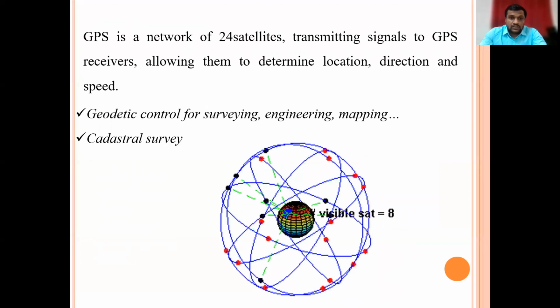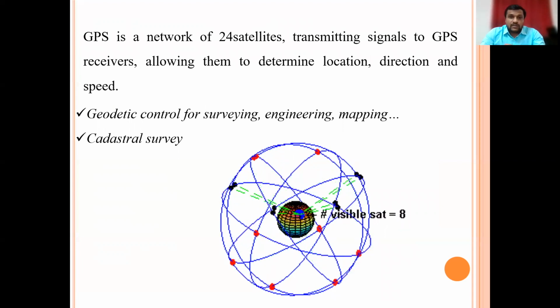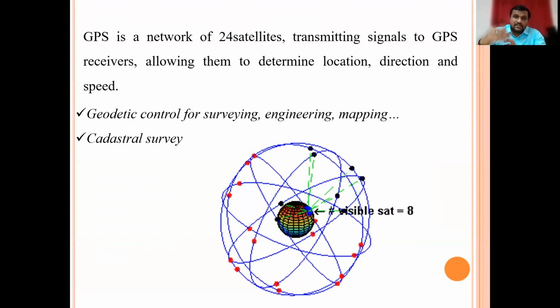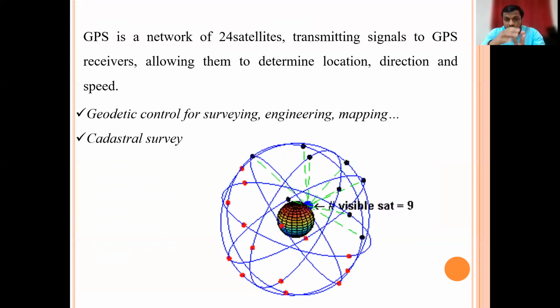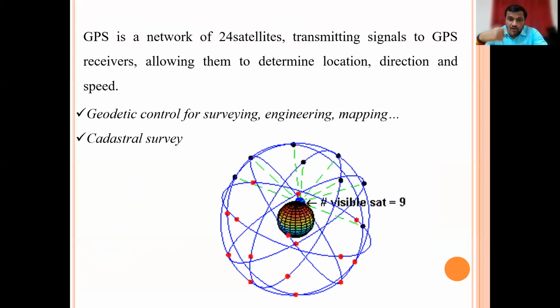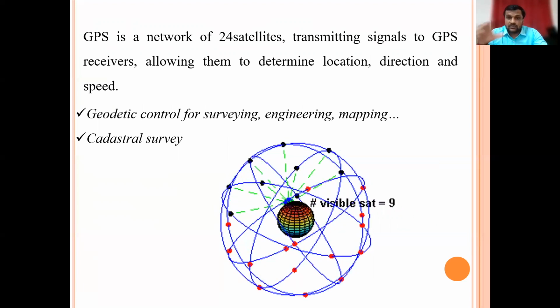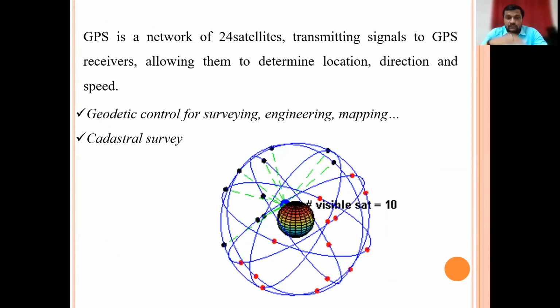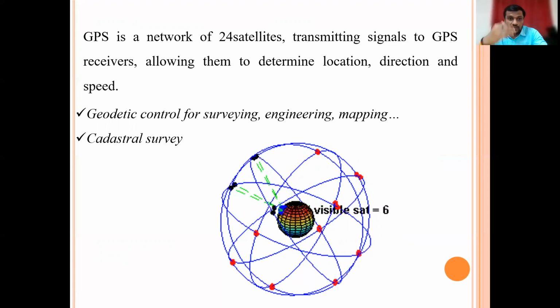GPS is a constellation, or network, of 24 satellites. These 24 satellites transmit signals to the GPS receiver on the ground, and they are well distributed in 6 orbital planes, and each orbit has 4 satellites. These satellites continuously transmit the signal to the GPS receivers on the ground.